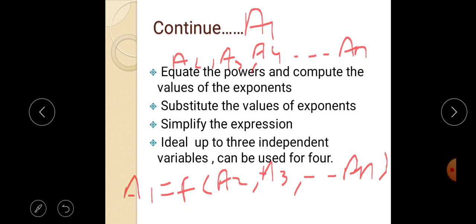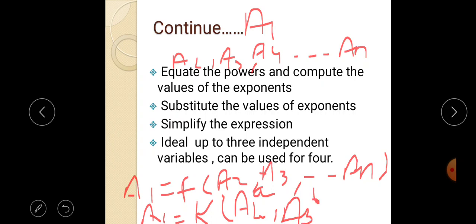This equation we can also write in exponential form, using powers a, b, c. So we can write A1 is equal to k A2 power a, A3 power b and so on An power n.